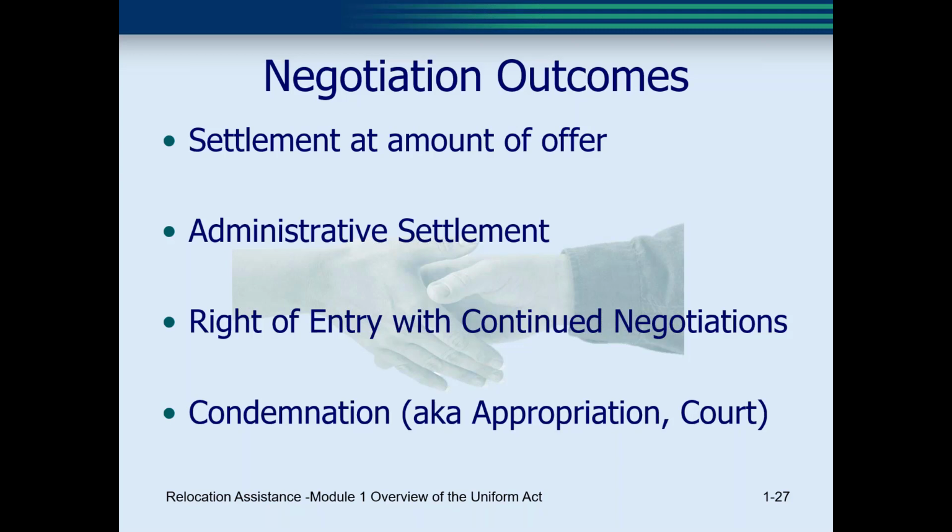This does not impact the owner's ability to require the agency to commence an appropriation action at a later date if negotiations fail. And finally, if the agency cannot reach an agreement with the owner, condemnation will be necessary.